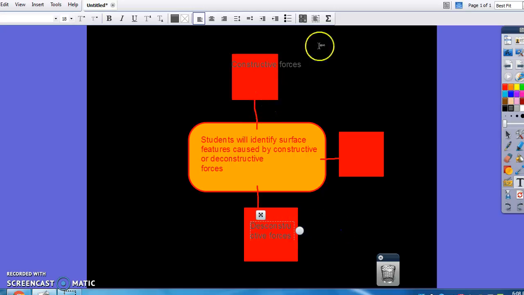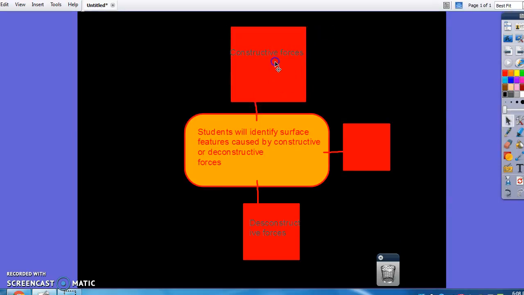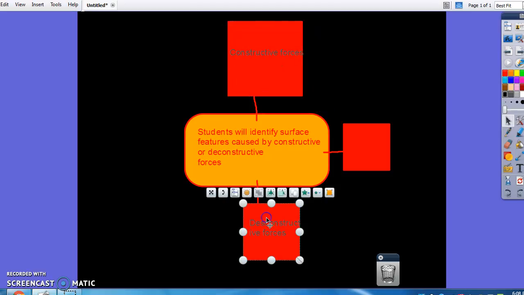I'm going to make that a little smaller. I'm sorry it's not beautiful. I could make this bigger.